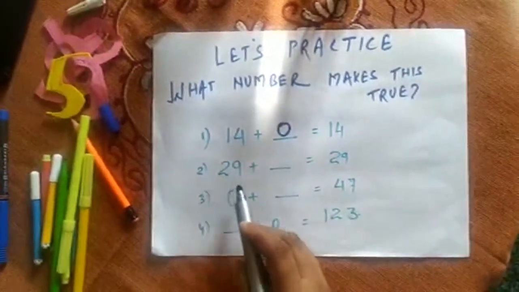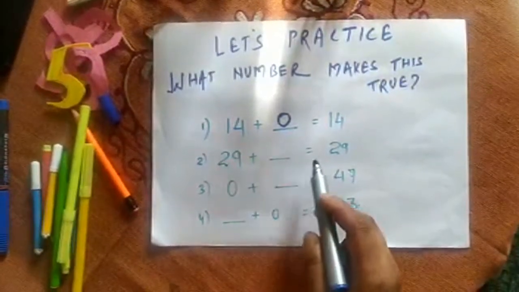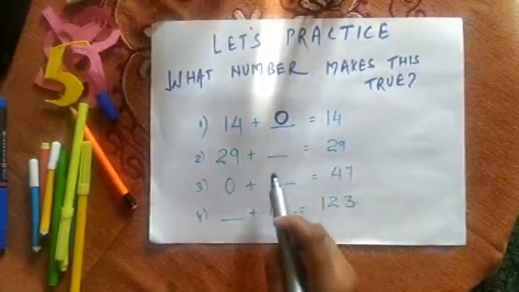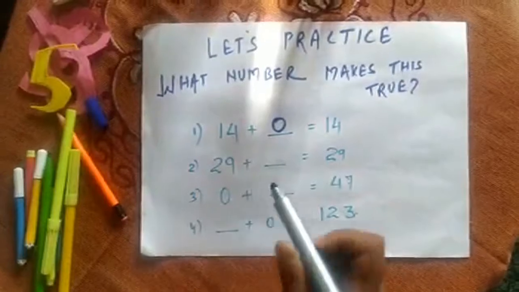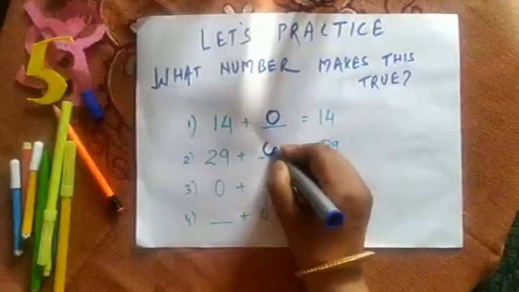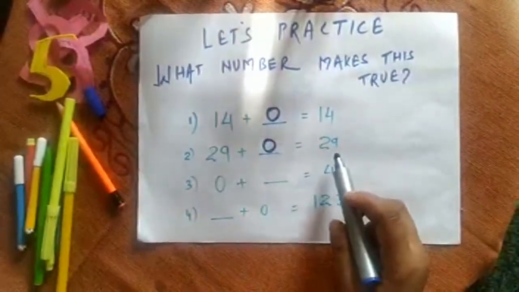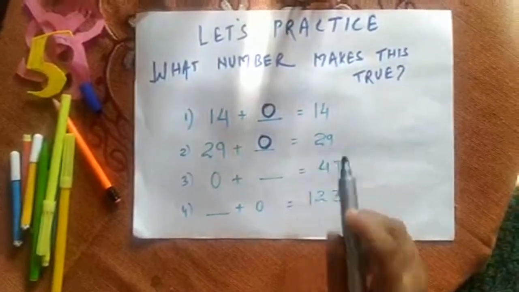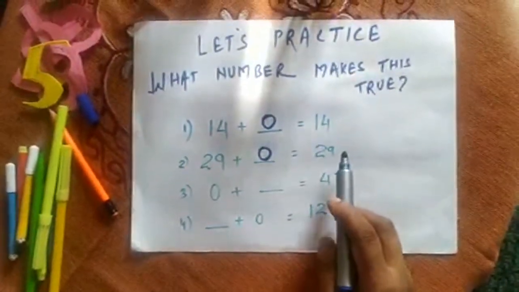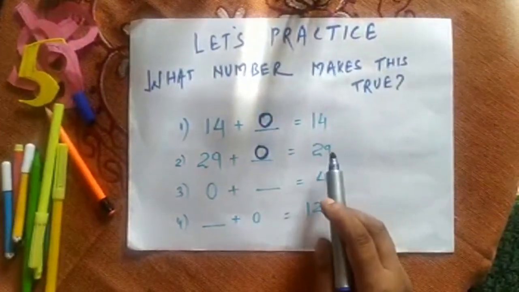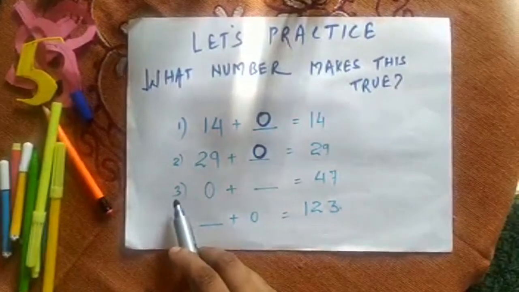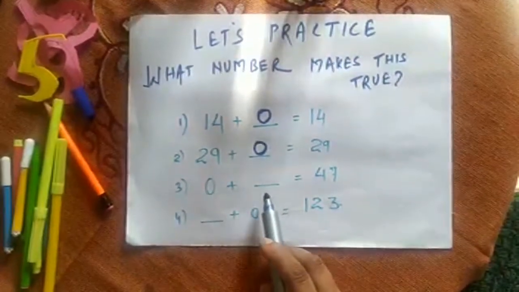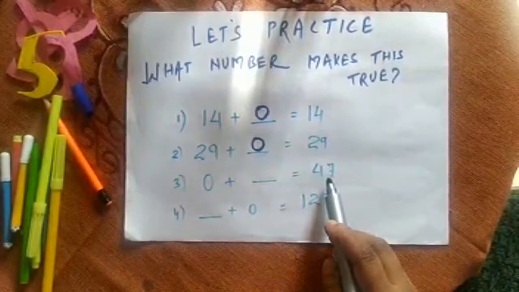In number 2, 29 plus something equals 29. If we add 29 with 0, then the number itself, 29, is the sum. This is the identity property of addition. Now come to the third. If 0 is added with something, then the sum is 47.